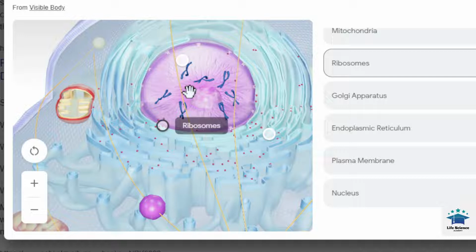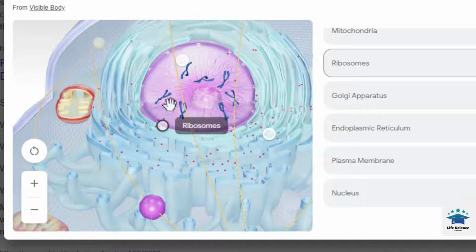This is the typical structure of the eukaryotic cell. This is the chromosome and this is the nucleolus. One thing to remember is that the nucleus is also a membrane-bound organelle; in the prokaryotic system, no membrane-bound organelles are present.